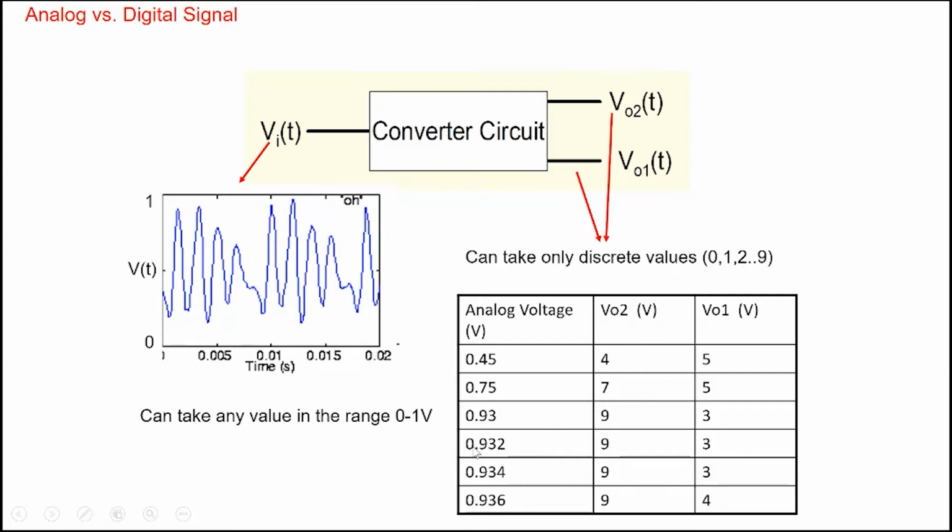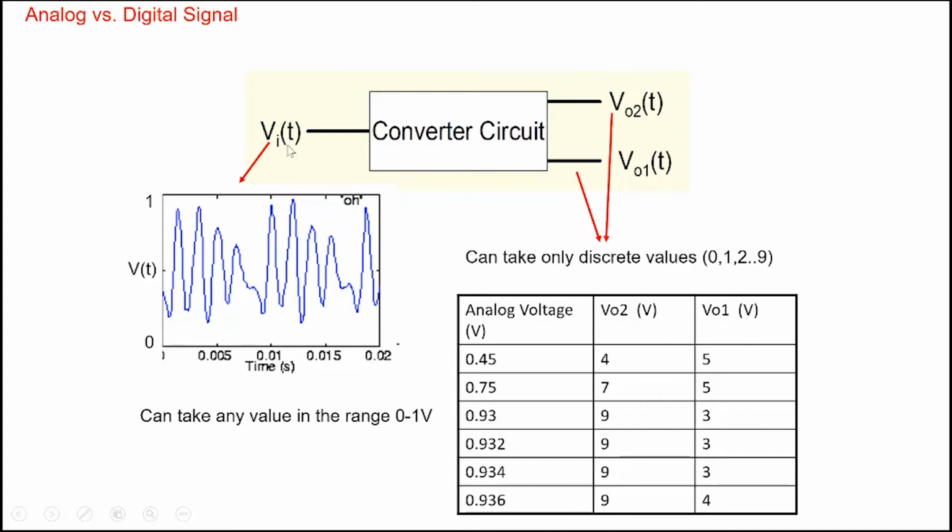Similarly, for 0.932, the first is 0.9, the second digit is 3, and the 2 is ignored, we are rounding it because it's a representation in only 2 digits, and we get 93. 0.934 is also converted into 9 and 3. For 0.936, we round it up, since 0.036 is closer to 0.04, so we get 9 and 4.